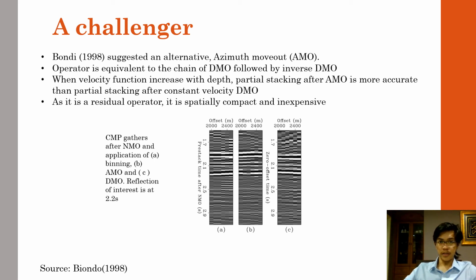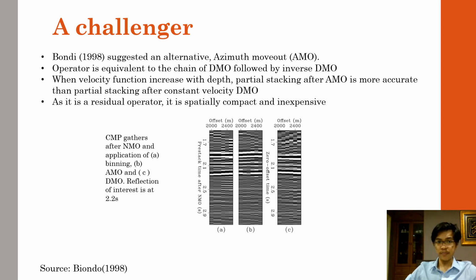He argued that the advantage of azimuth move-out is that when the velocity function increases with depth, the partial stacking after AMO is more accurate than partial stacking after constant velocity DMO. He also stated that as it is a residual operator, it is spatially more compact and computationally less expensive.